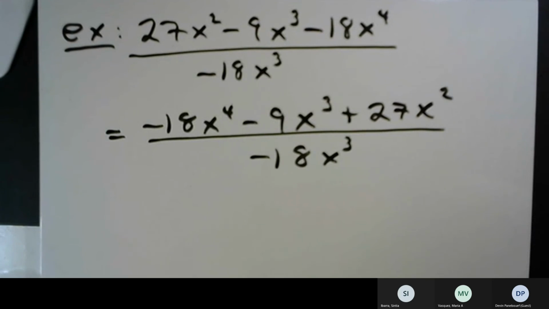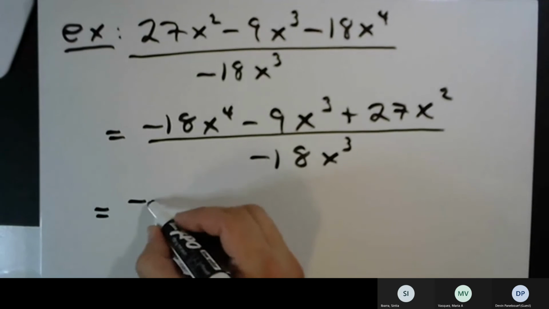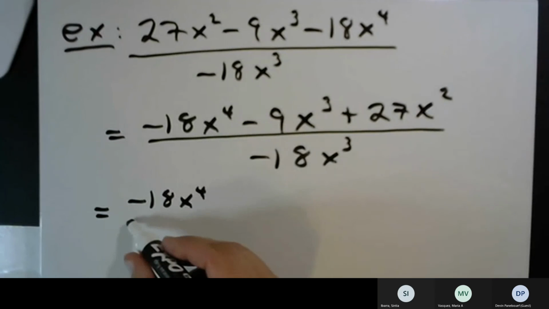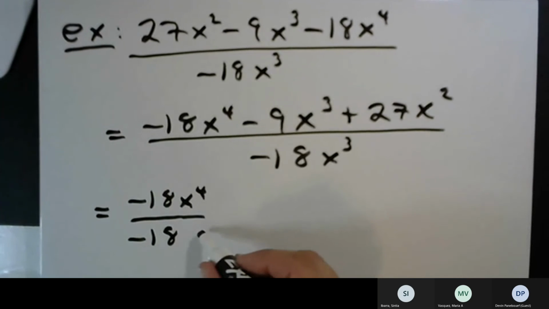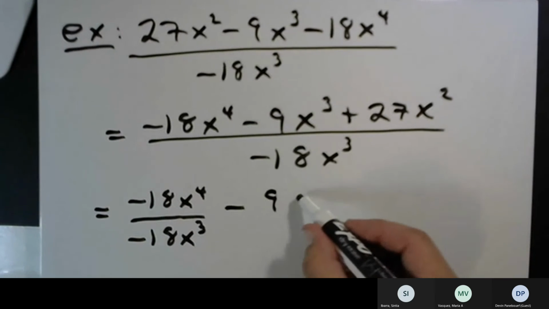So the key to dividing a polynomial by a monomial is we're going to break up the polynomial so each term is getting a denominator.